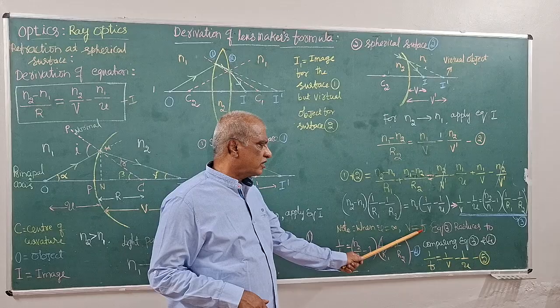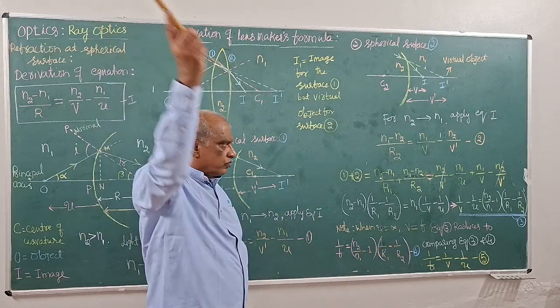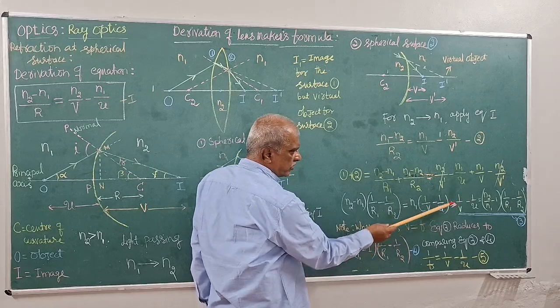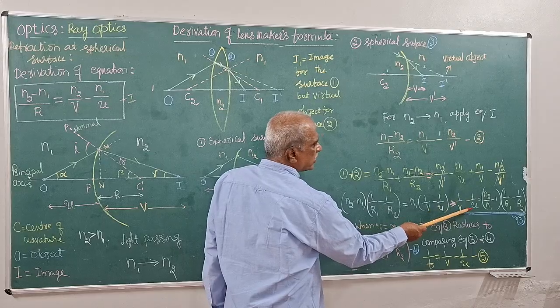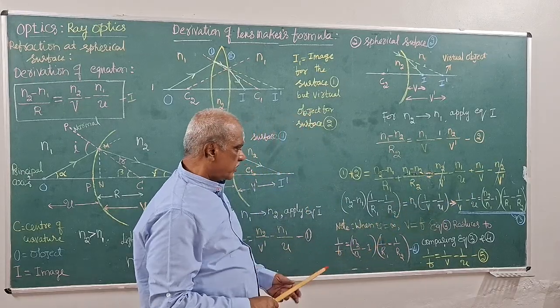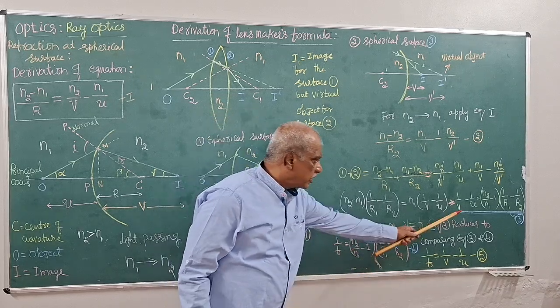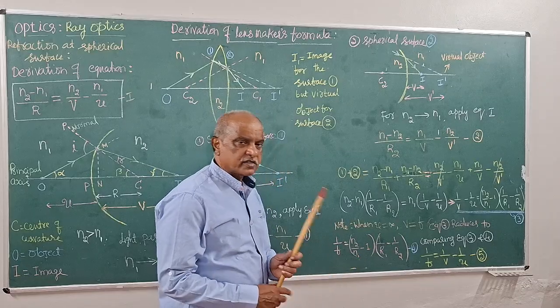Therefore, v equals f. So the equation becomes 1 by f, and 1 by u, that is 1 by infinity, is 0. That term becomes 0, and the remaining is this. We get the same equation when the object is at infinite distance.